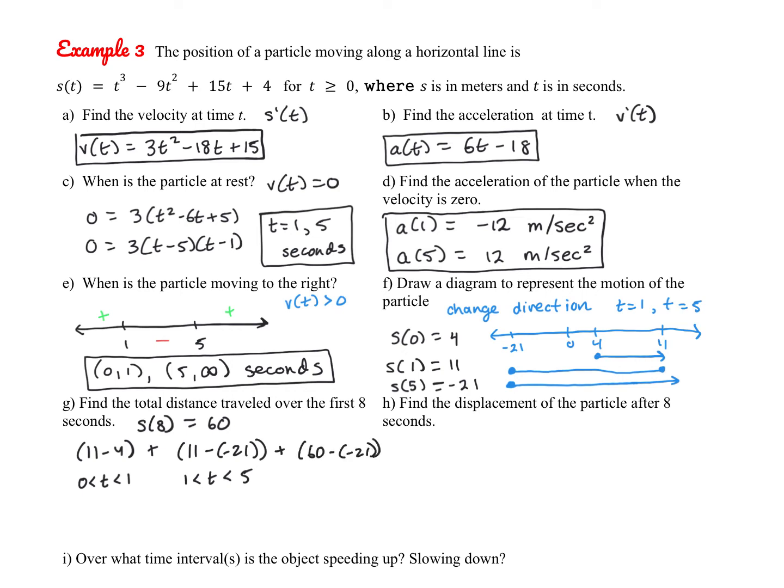And that's from 5 to 8 seconds. So if you find each of these individual distances and add them up, so we get 7 plus 32 plus 81, we get 120, and then this is measured in meters.